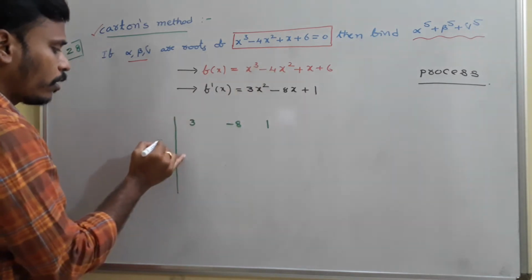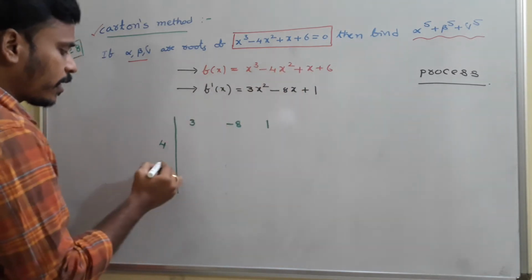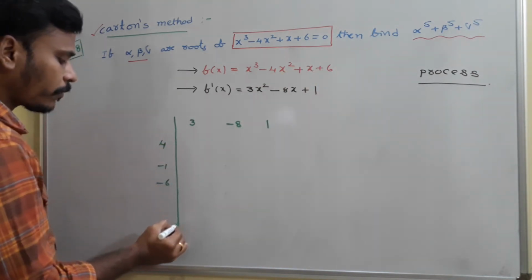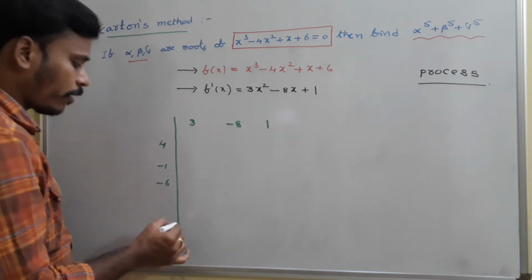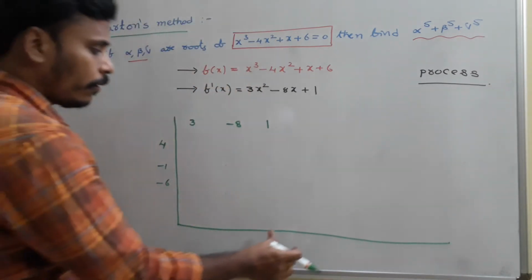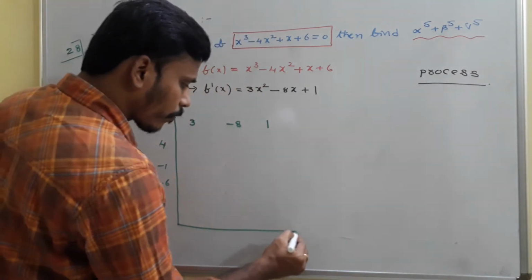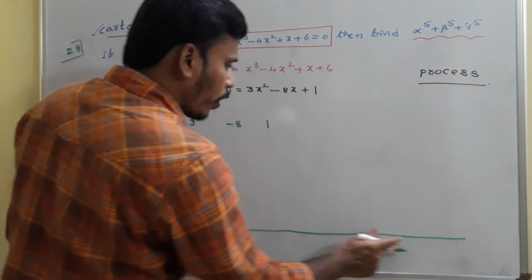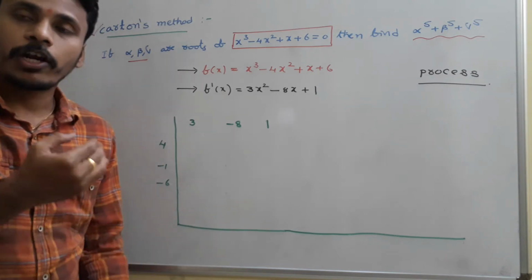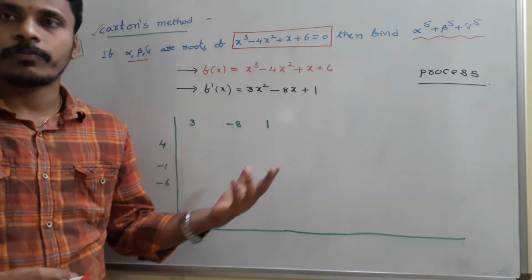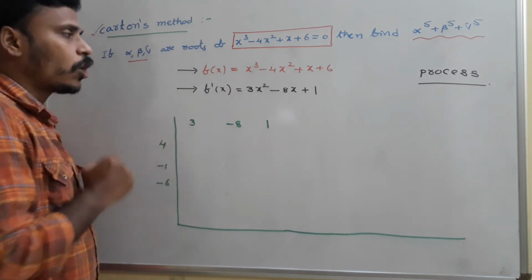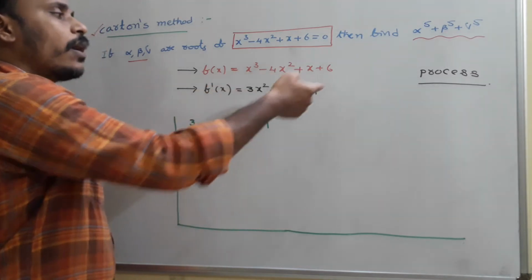Since it is minus 4, take it as 4; plus x, take it as minus 1; plus 6, take it as minus 6. Observe it like a procedure. It looks just like synthetic division, but it is not synthetic division. It is a separate process developed by Cartan using calculus, using the concept of differentiation. Here you consider the coefficients of f dash of x, and here you take the coefficients of f of x except the leading term, with a sign change.